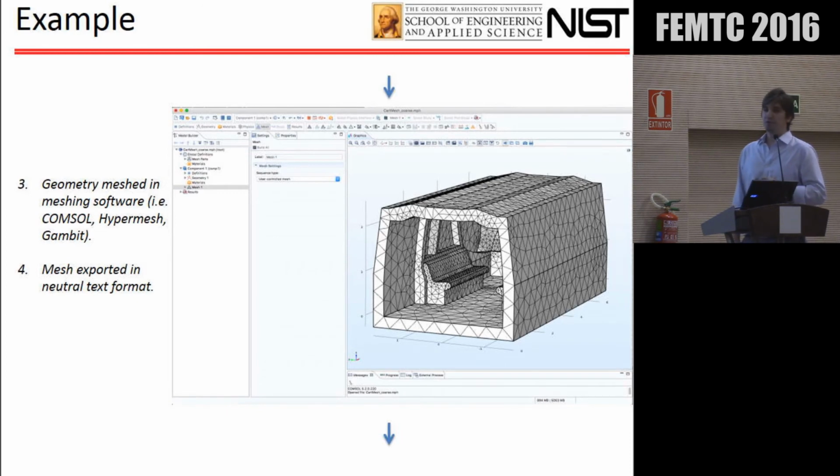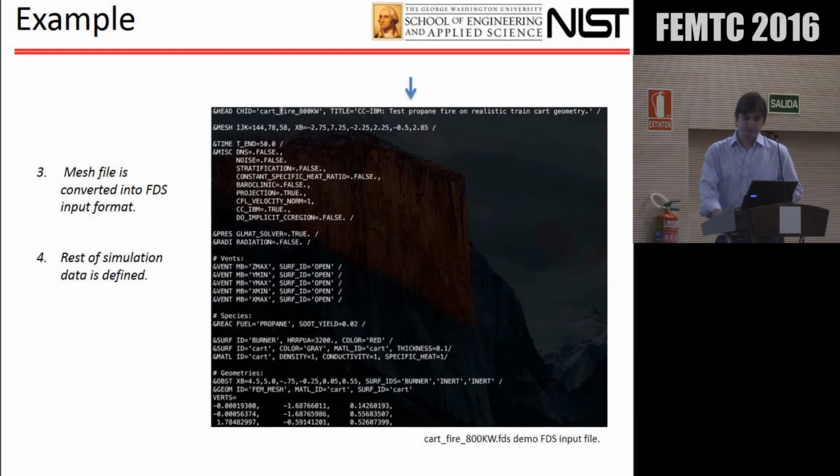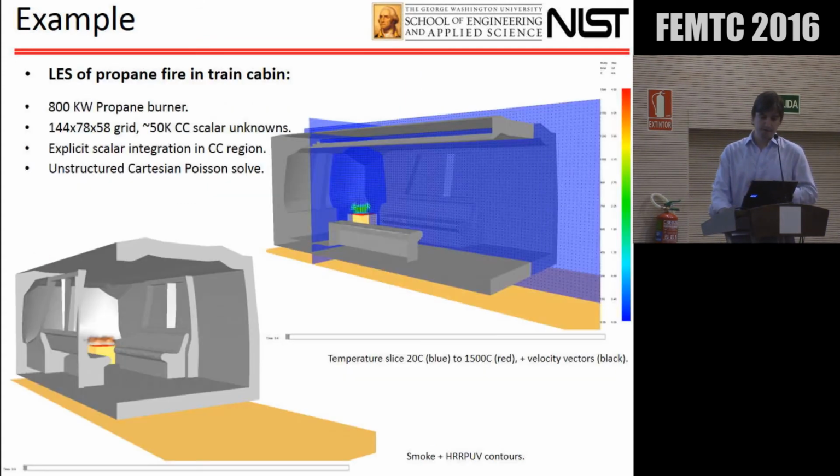And this can be exported in a format that we either are going to provide a set of scripts that can be used to add the model into your FDS input file, or the PyroSim capability would be able to do that. The rest of the simulation is defined as usual. The model is defined within what's called a geometry object.